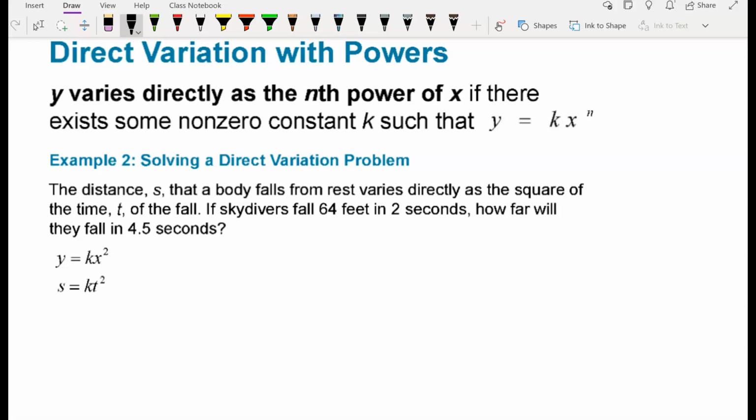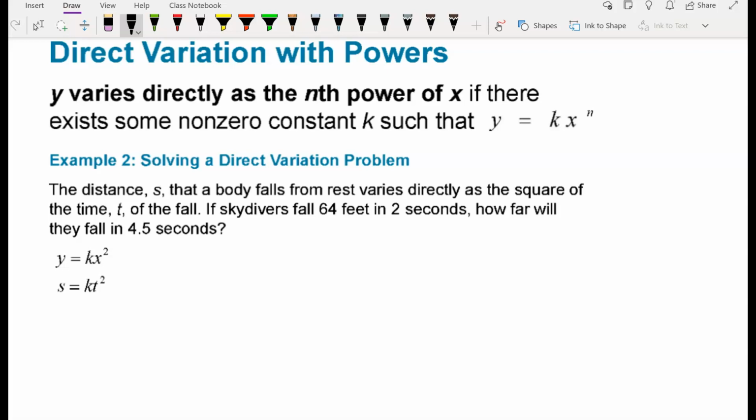So, solving a direct variation problem. It says the distance s that a body falls from rest varies directly as the square of the time, t, of the fall.